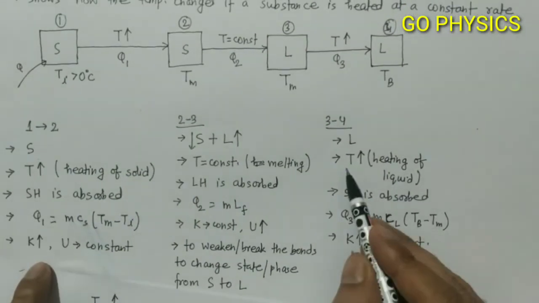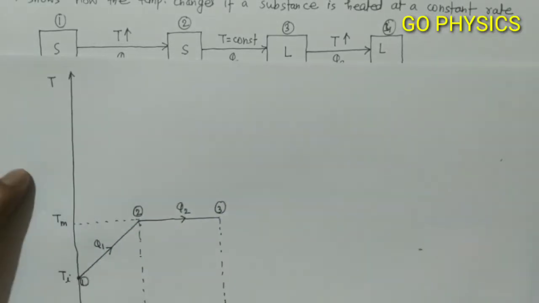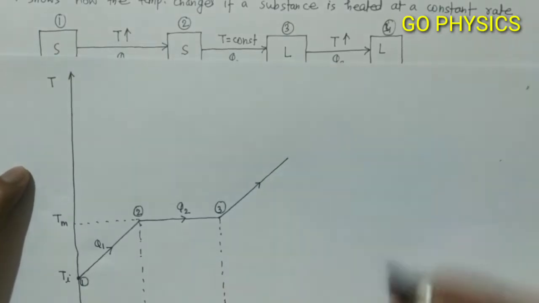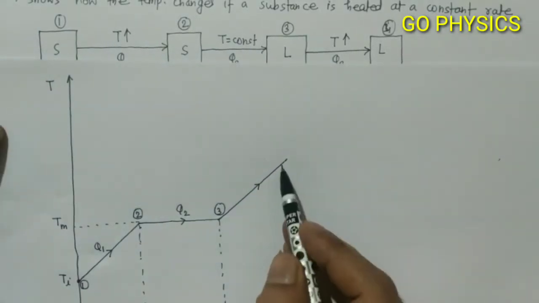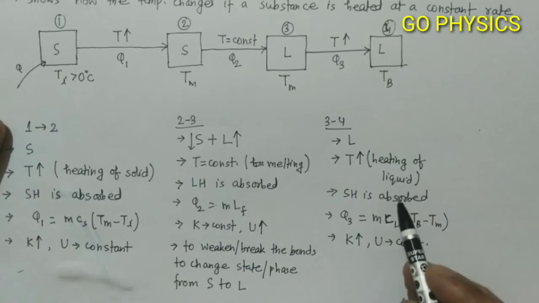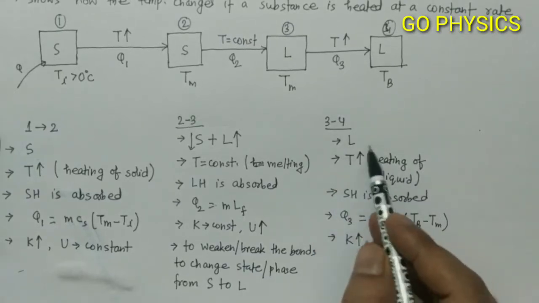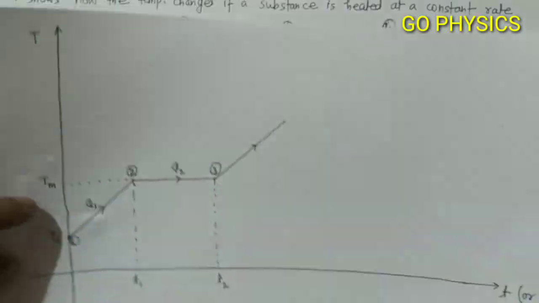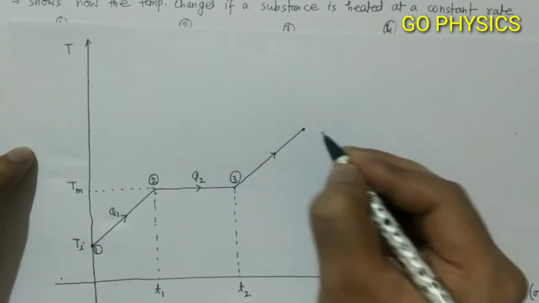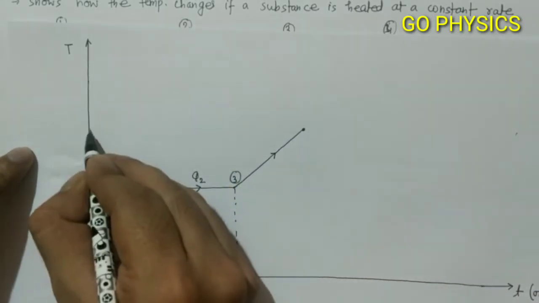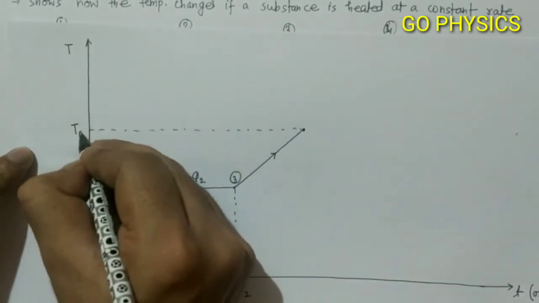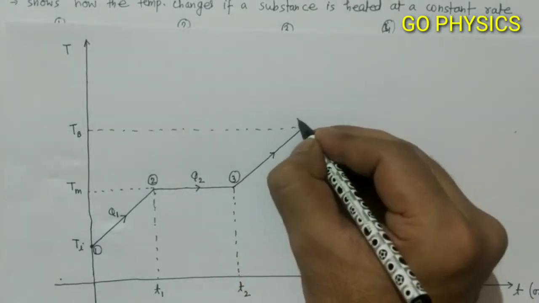Since temperature is continuously rising, we will get a straight line, an inclined line, and the final temperature is Tb, that is boiling temperature, and this is the state number 4.